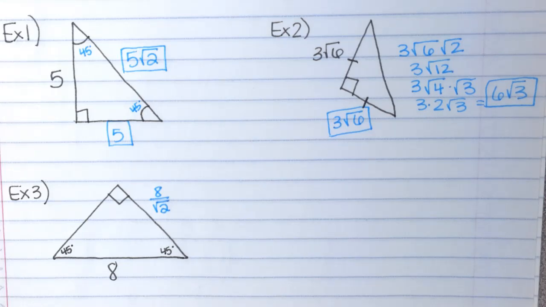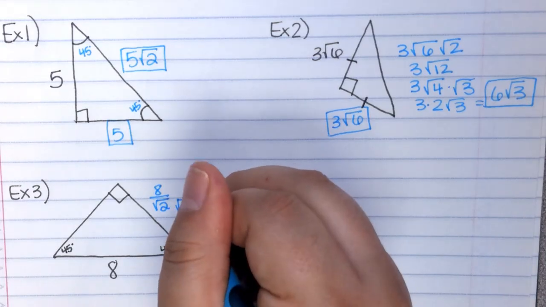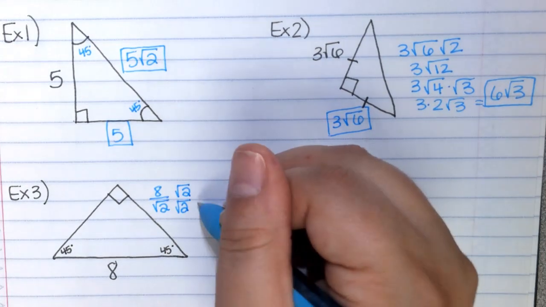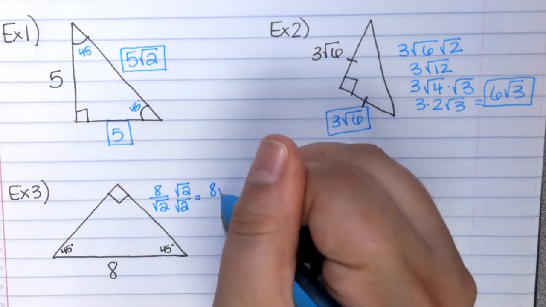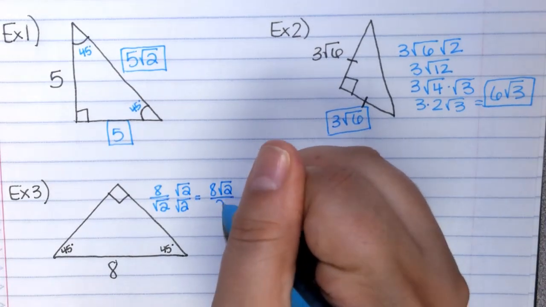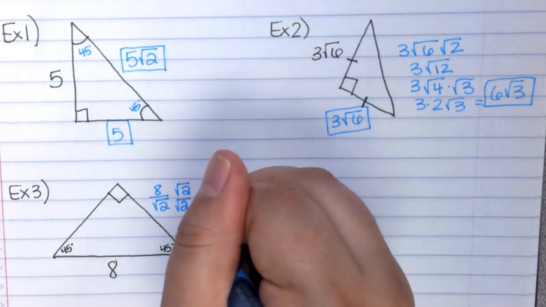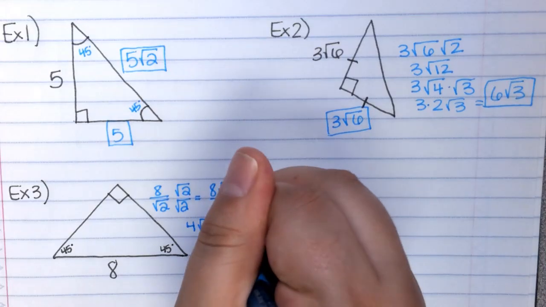No, because you cannot have a square root in the denominator. So what do you do? Times square root of 2. What's that called? Rationalizing. That's going to give me 8 square root of 2 over 2, which is 4 square root of 2.